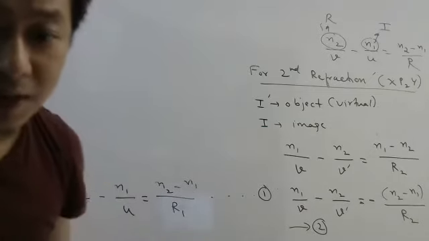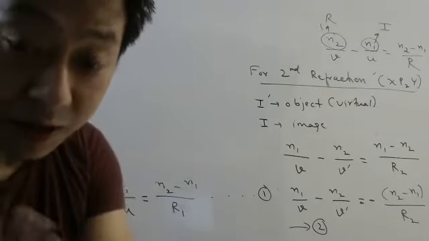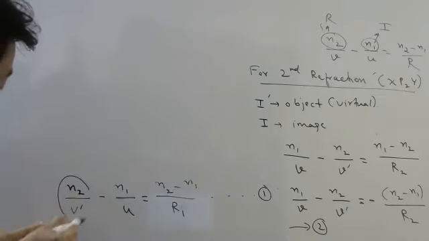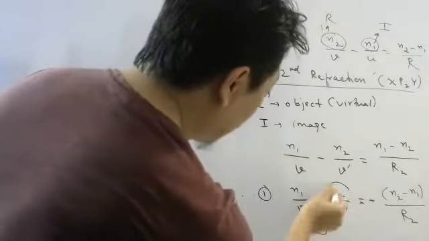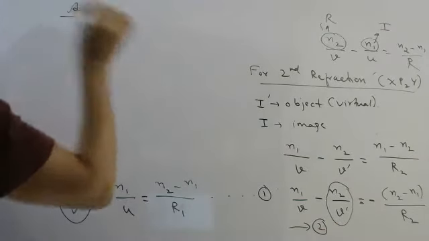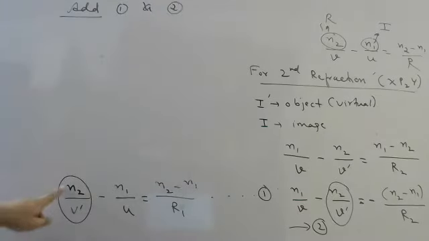So I dash is not important for me. What I will do, I will try to remove V dash. How to remove V dash? See here, this is N2 by V dash, this is minus N2 by V dash. So I will add, adding 1 and 2. So N2 by V dash will cancel with minus N2 by V dash.